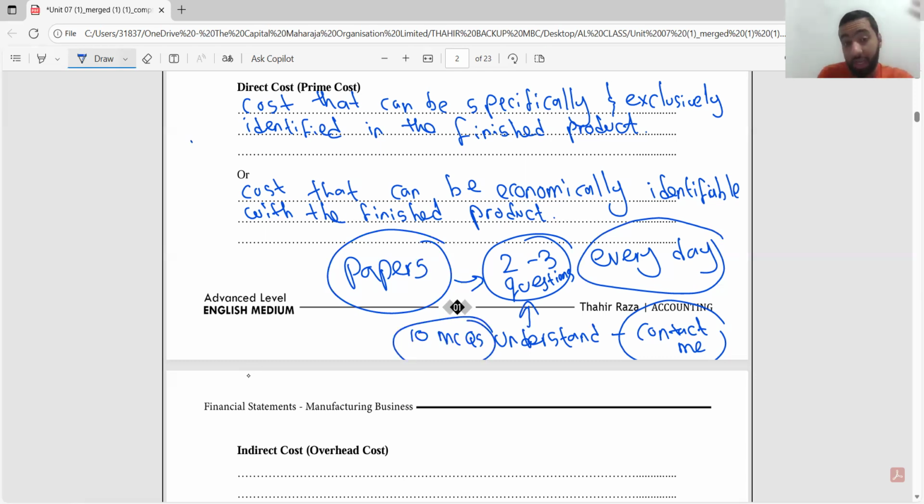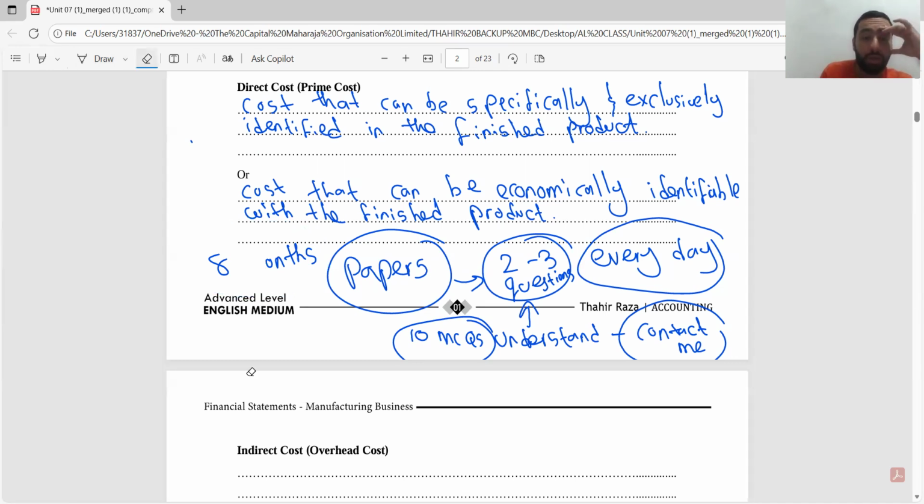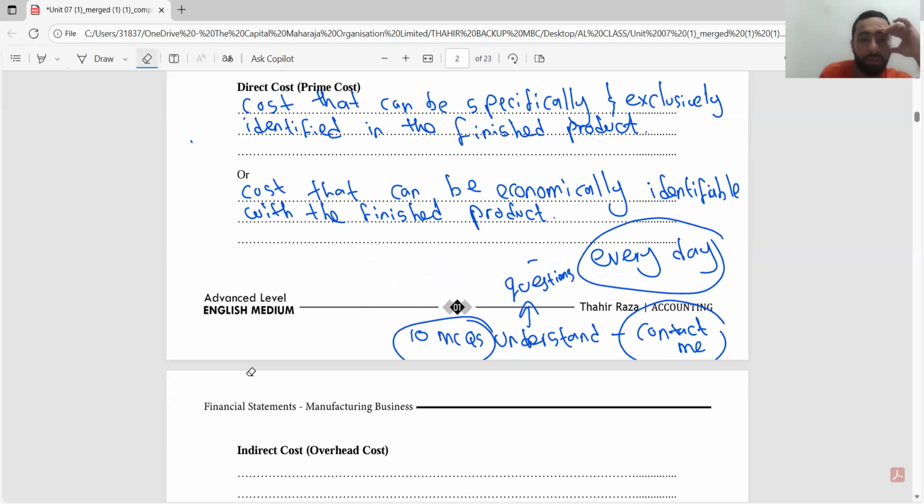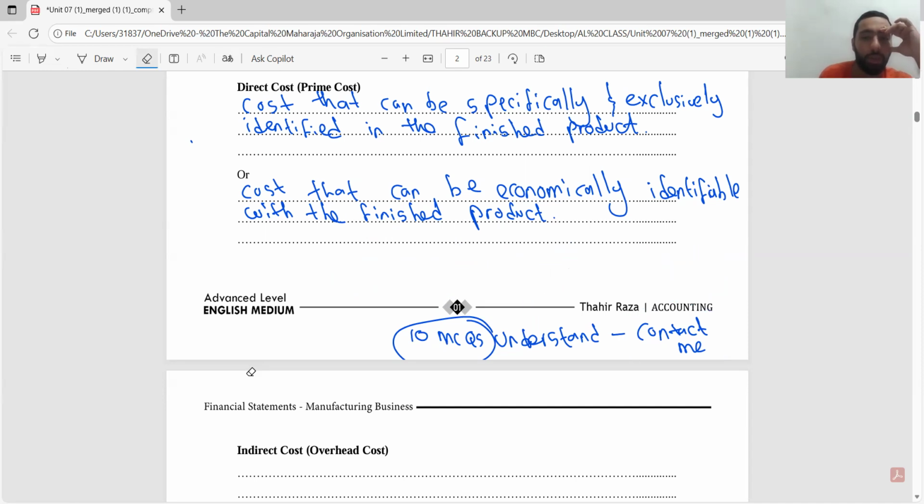So just think, if you do this for the next 8 months, how you will improve, right? You can do not only the lessons we have finished but the other lessons too. If you don't understand, you have to always ask me. But from today onwards, you have to follow this, 2 to 3 big questions every day, and then MCQs. At least 10 MCQs every day is a must.